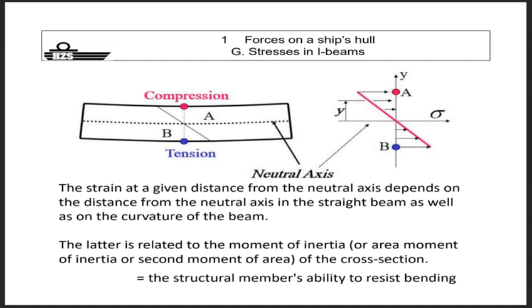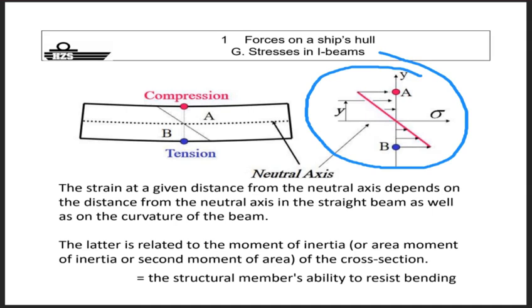We said last year that you can compare a vessel's hull with an I-profiled beam if you want to make a comparison with a simple beam type. And then I explained to you that the development of compression and tension develops like this. So at a neutral axis where you're exposed to bending, you have zero tension or compression.